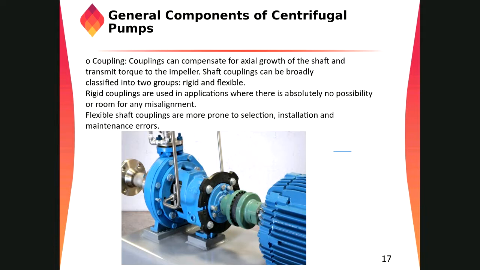There is no chance of any kind of misalignment or flexibility. But with the flexible coupling, we have some flexibility: if there is a misalignment between the shaft from the motor and the impeller, it can be managed by the flexible coupling.